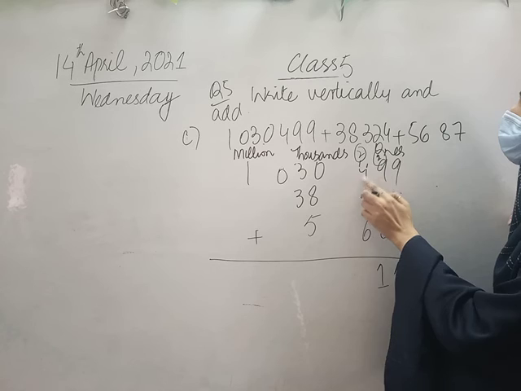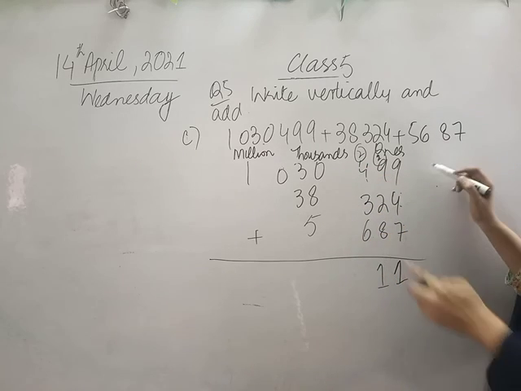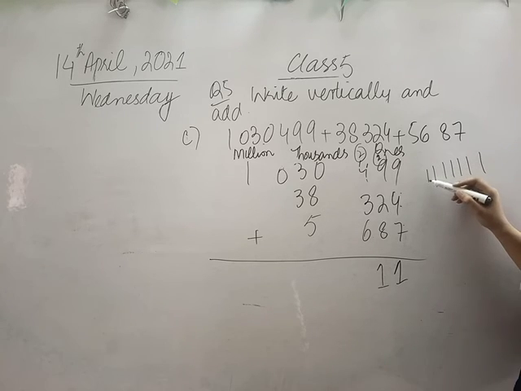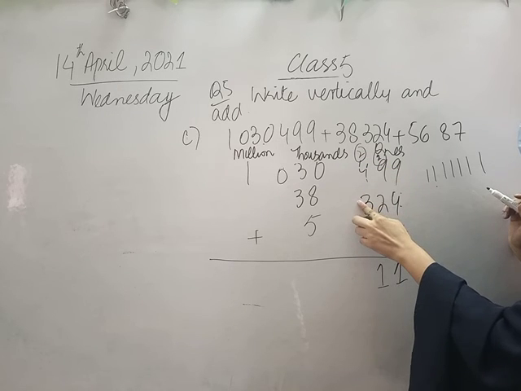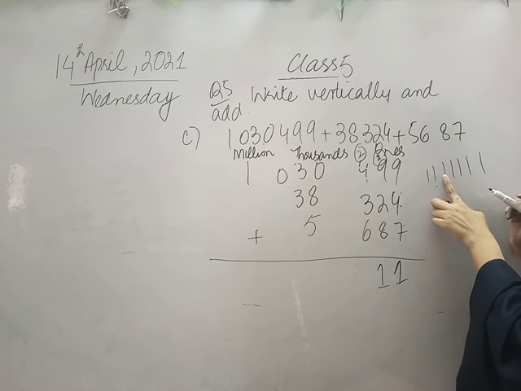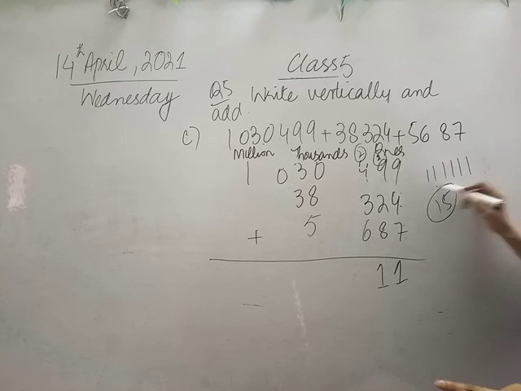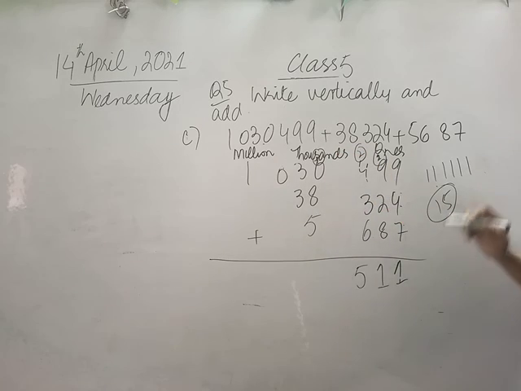Now 4 plus 2 is 6, 6 plus 3 is 9, 9 plus 6 is 15. 2 digits, so I will write 5 there and 1 as a carry.